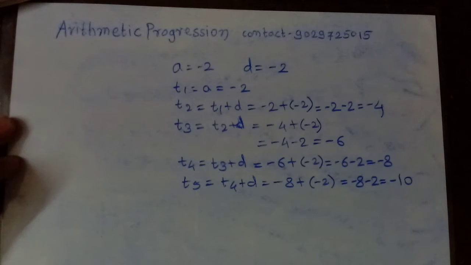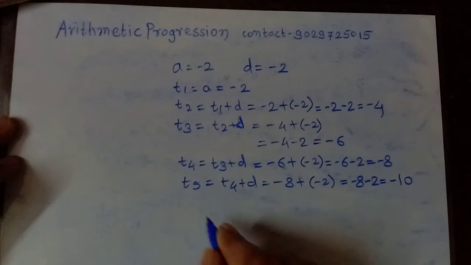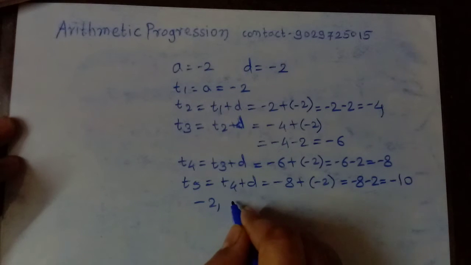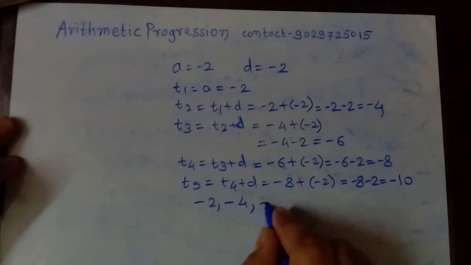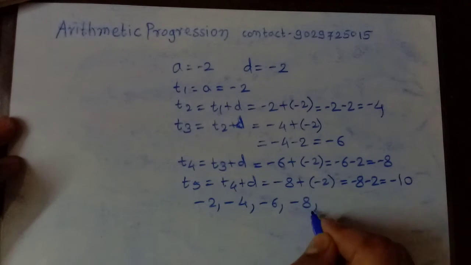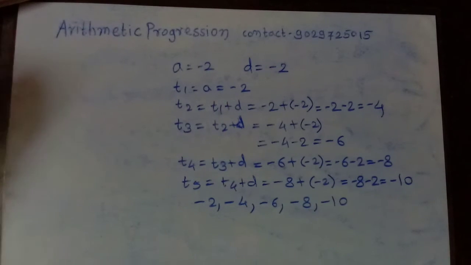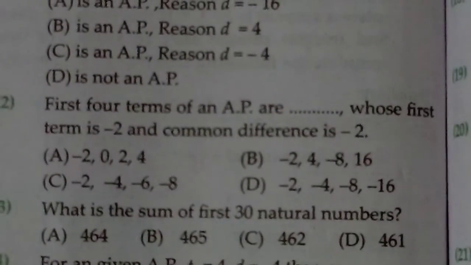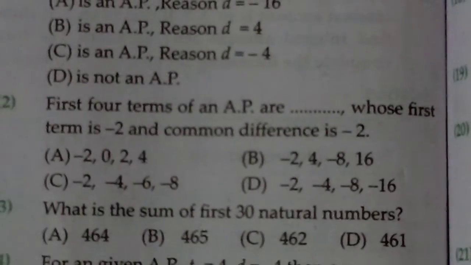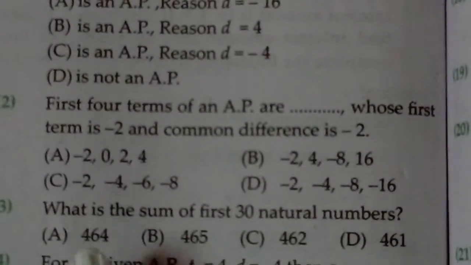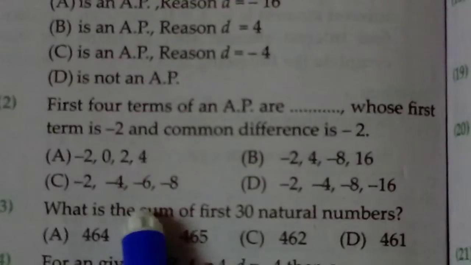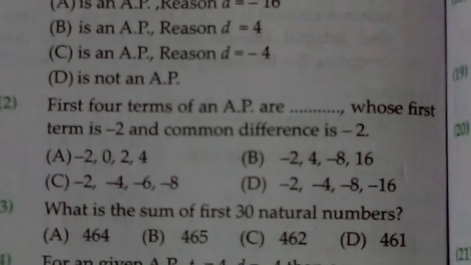And therefore the first terms are -2, T2 is -4, then -6, -8, -10. This is your answer. Now see, where is your answer? Your answer is here: -2, -4, -6 and -8.